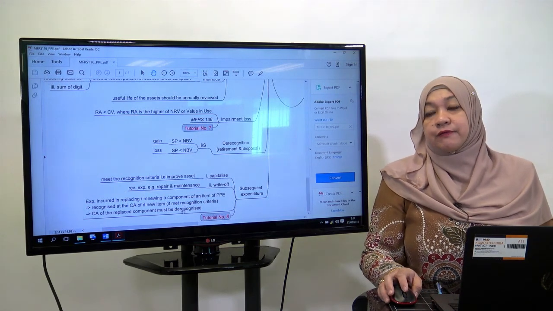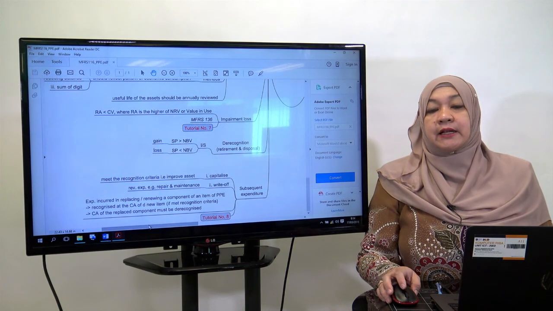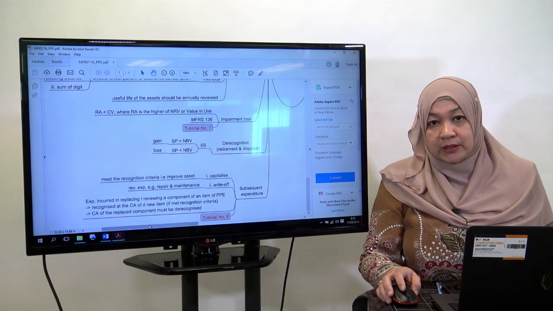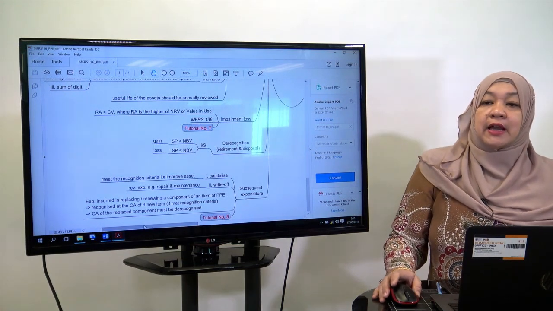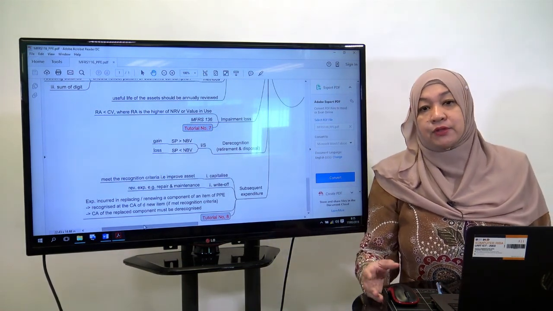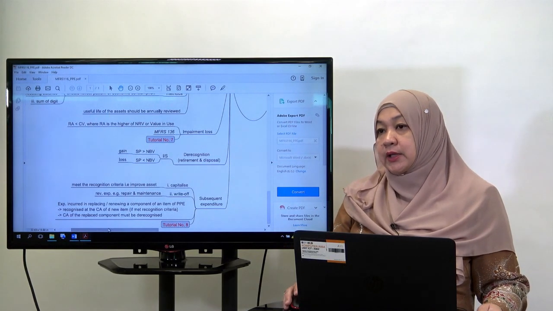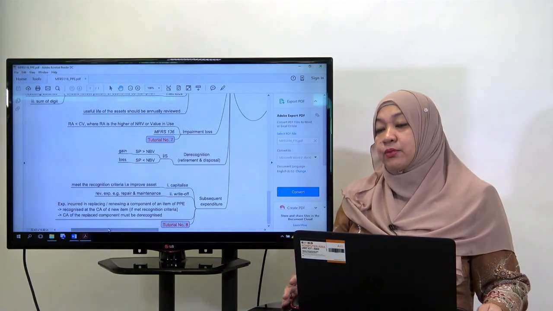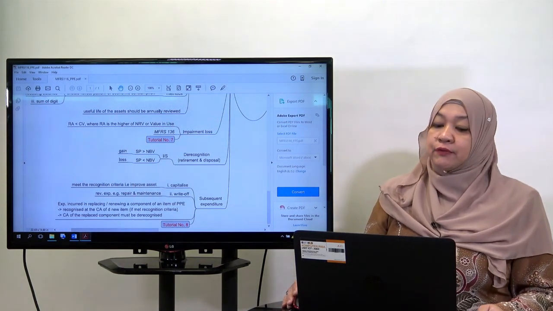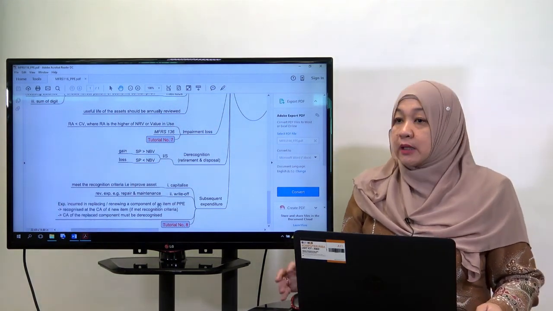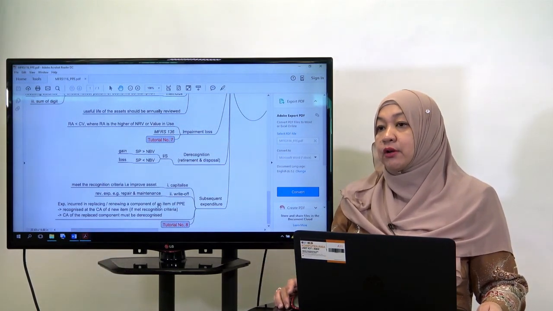Alright, let's follow the earlier example of motor vehicle. So let's say that in that motor vehicle, you have an air condition installed, right? After some time of using that air condition, you find that it is no longer working, and repairing it doesn't work, so you decide to replace it. When you replace it, you have to take out the existing air condition and replace it with the new air condition.